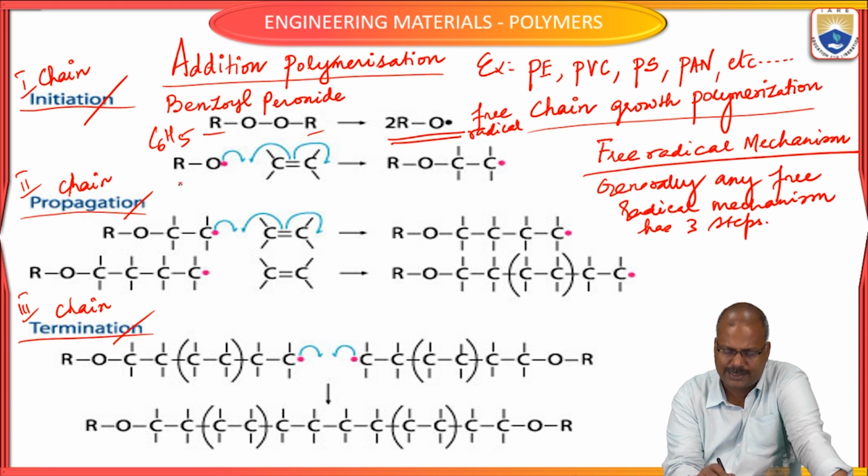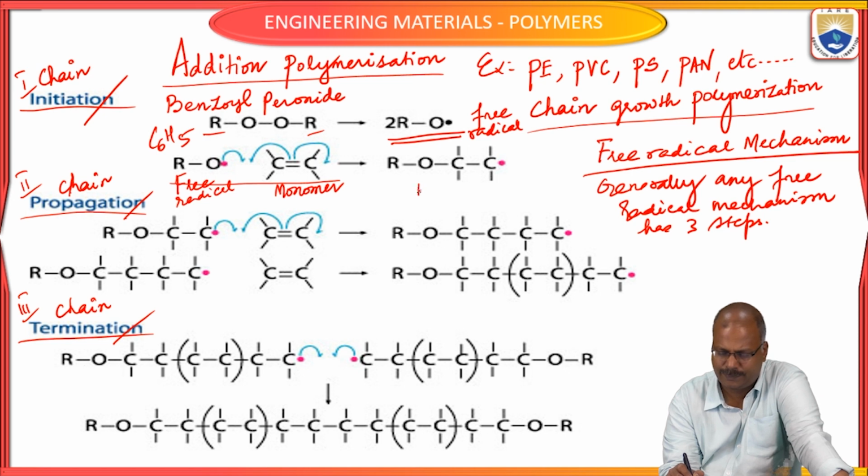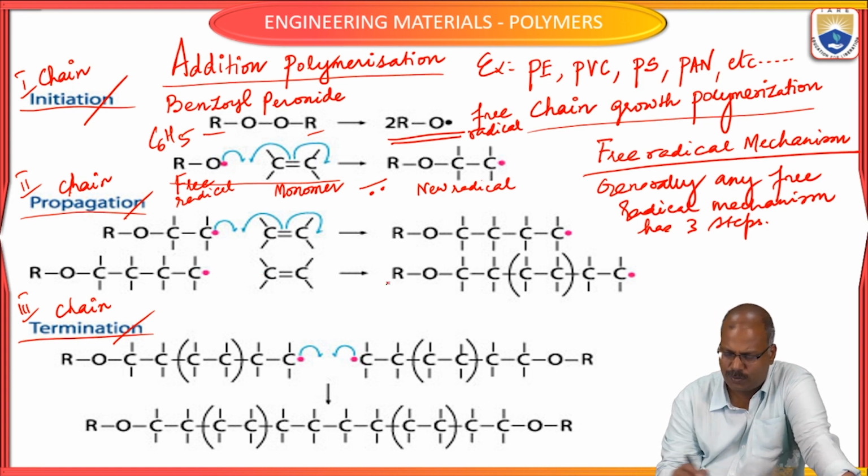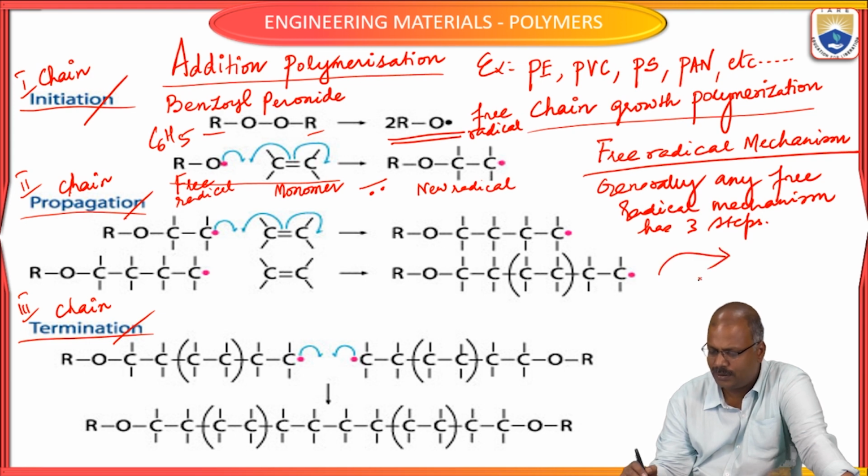Now this radical reacts with a monomer. For example, this is the monomer. This is the free radical, and it will create another new radical. The two bonds are considered as two dots like this, so one dot will form here, and another dot will go here. Normally, in organic reactions we show electron movement by an arrow, whereas free radicals we show by a single-headed fish hook arrow.